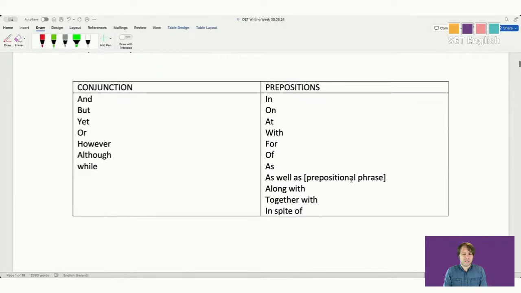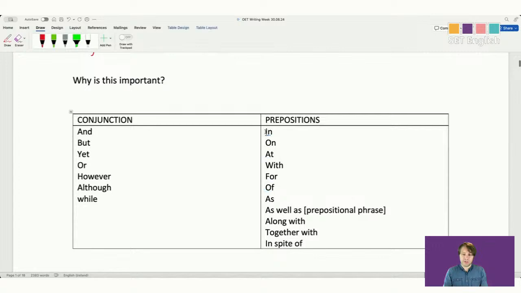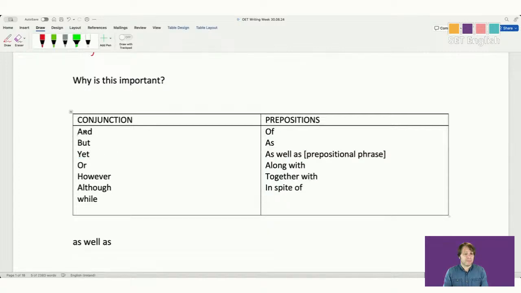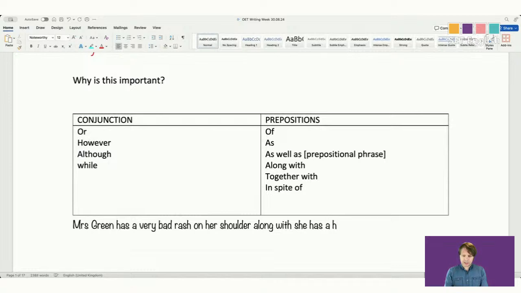So why is this important? Well, look at this sentence. This is really important for this reason. In OET, very often, nurses and doctors will write a sentence like this: Mrs. Green has a very bad rash on her shoulder, along with she has a headache.